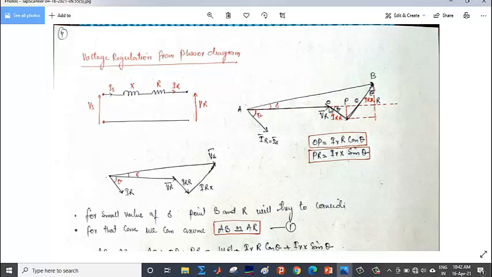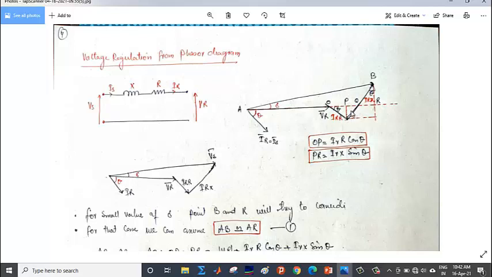I have extended this line, VR, up to, let us say, point R, and I have drawn a perpendicular from this point to this point P. Since this is theta, this voltage vector across R will be parallel to this voltage vector. That means this will be theta, this will also be theta. When this is theta, this will be 90 minus theta because this voltage phasor will be perpendicular to this voltage phasor.